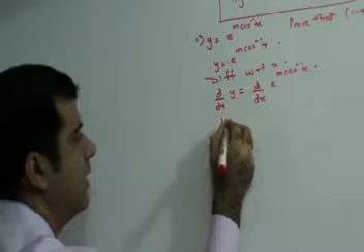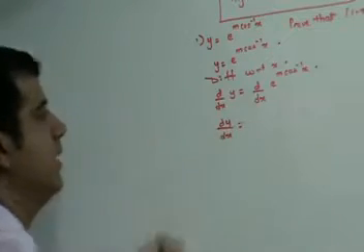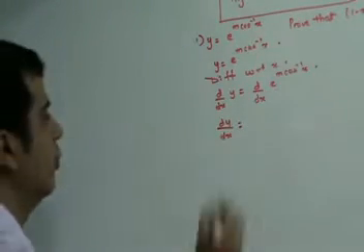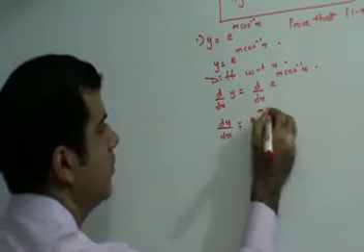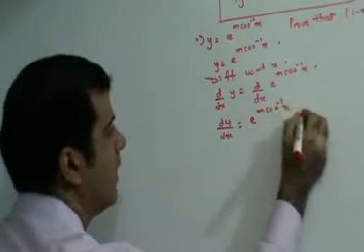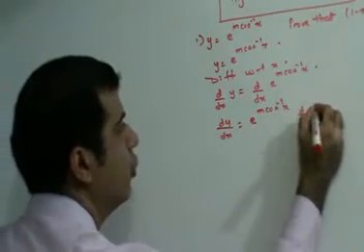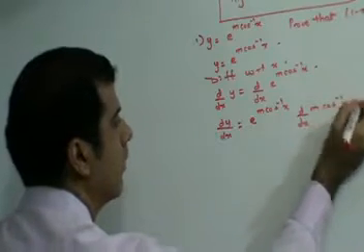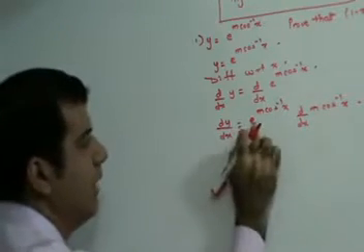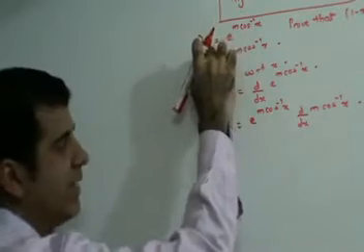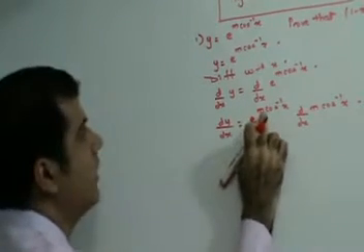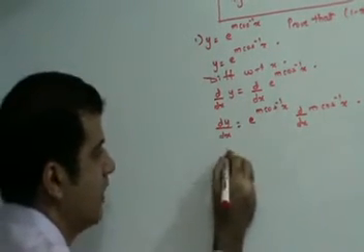So this is going to be dy by dx. D by dx of e raised to u is e raised to u d by dx of u, right? Now, e raised to m cos inverse of x is y. I can substitute e raised to m cos inverse of x as y.